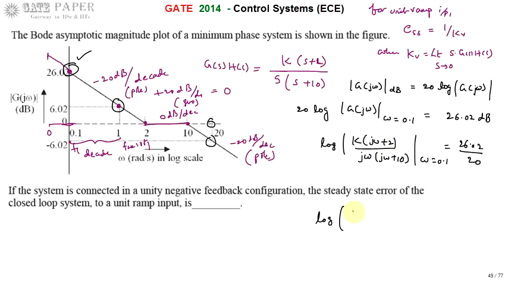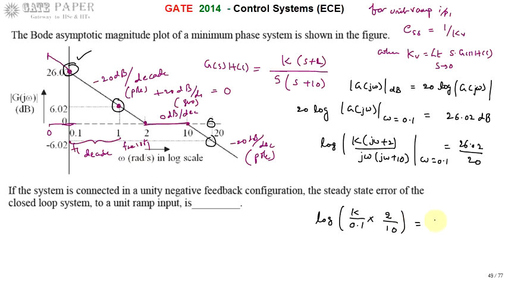So the magnitude of K divided by j omega is K over 0.1, into 2 in the numerator and 10 in the denominator, since 0 plus 2 is 2 and 0 plus 10 is 10.